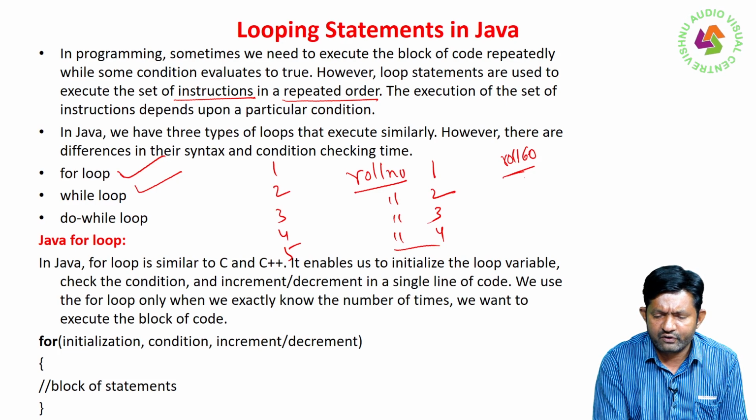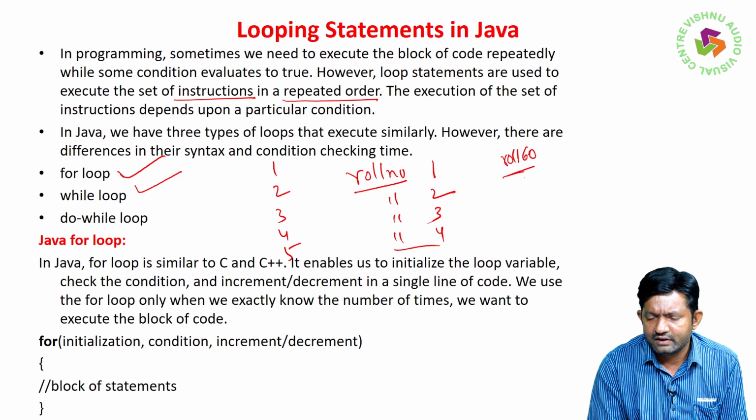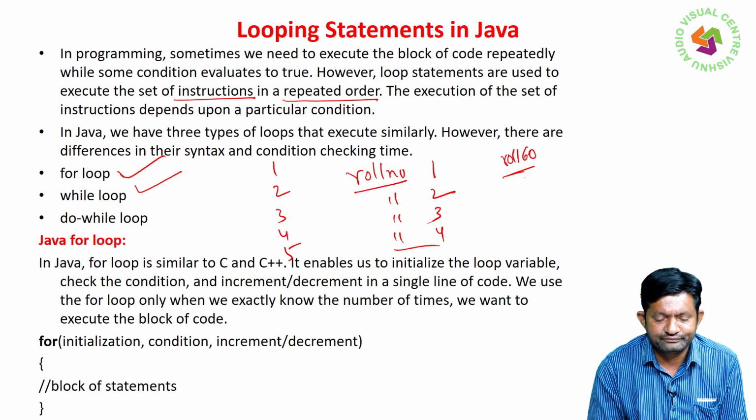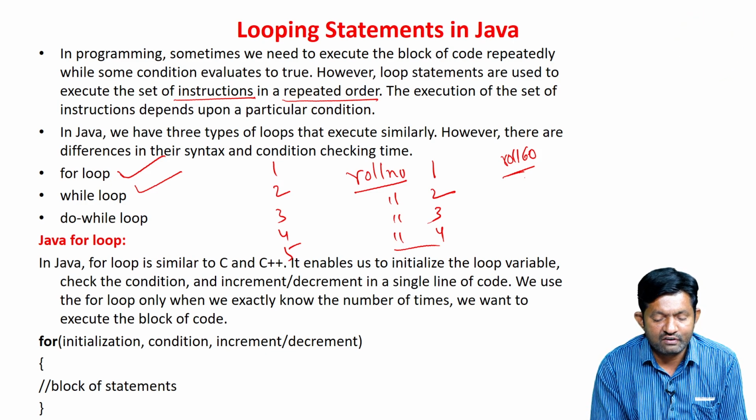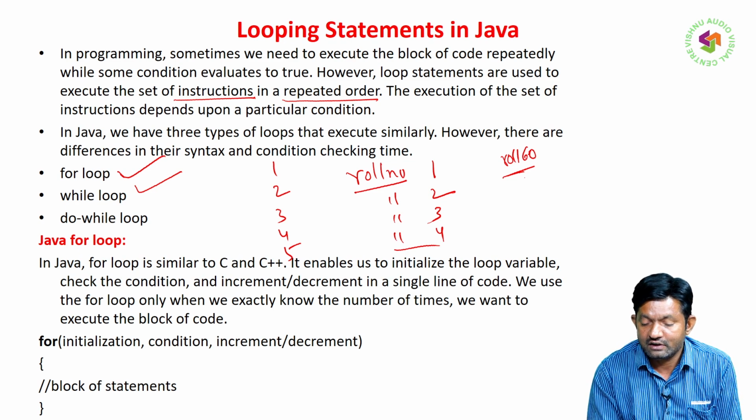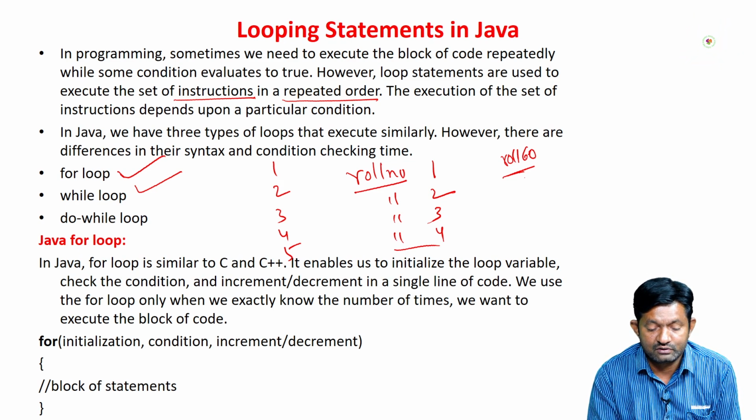In Java, we have 3 types of loops that execute similarly. However, there are differences in their syntax and condition checking time. The for loop, while loop, and do while loop are the 3 loops available. The Java for loop is similar to C and C++. It enables us to initialize the loop variable.